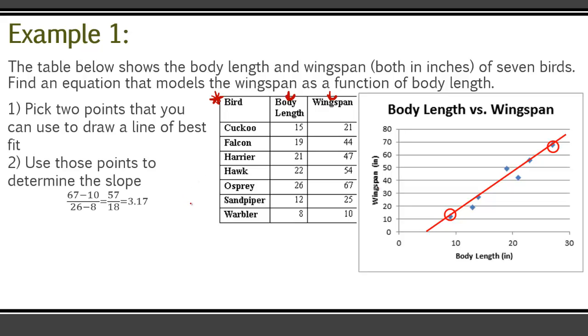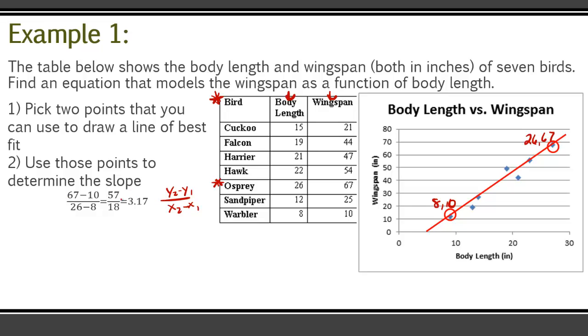Then we're going to use those points to determine the slope using the slope formula. So remember, that was y2 minus y1 over x2 minus x1. Okay, so 67, because this was one of the points we used, was the 26, 67, and this point was 8, 10.